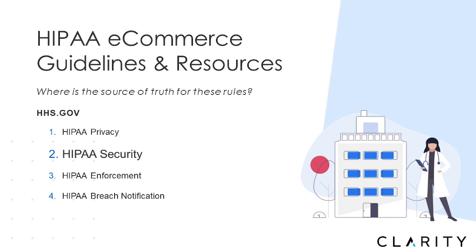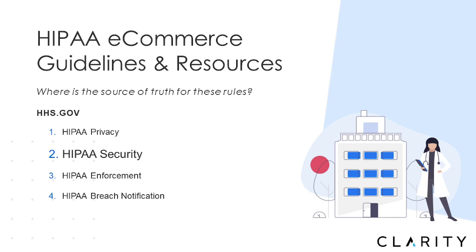Awesome. Thanks, Ron. And for those of you who are watching and listening, one of the most important things about the security rule is there is a lot of detail here. There are a lot of nuances to it, but fundamentally, it has variability based on your specific business. The general takeaway, the general summary with the security rule is that you want to meet or exceed industry best practices for security. And that is a very general thing.